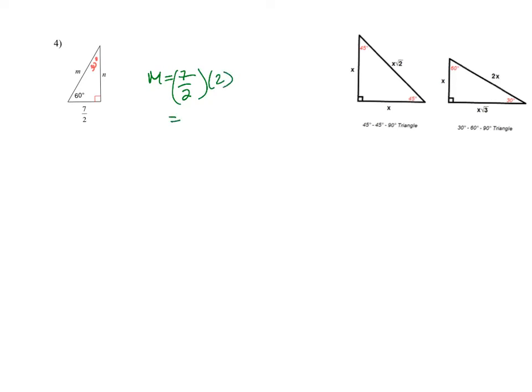So in this case, I cancel out the 2, so this is 7. The longest leg, n, equals the measure of the smallest side, in this case 7 over 2, times the square root of 3. So this is 7 square root of 3 divided by 2. There I have both measures.